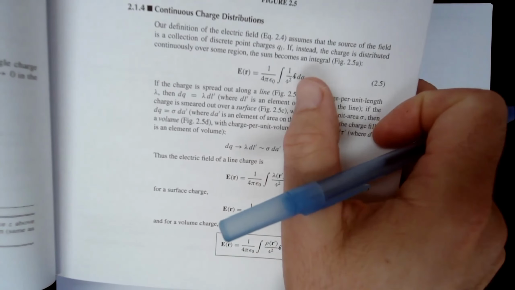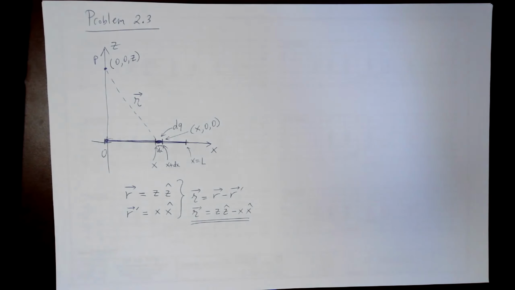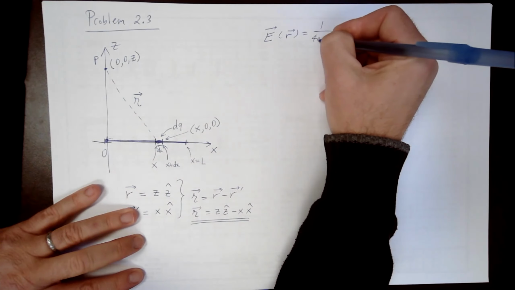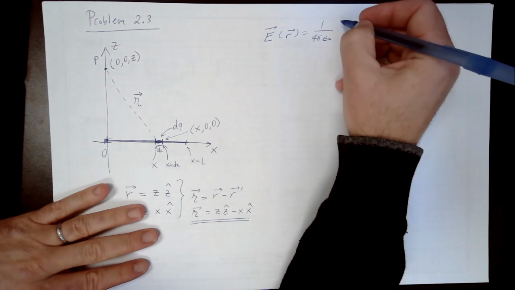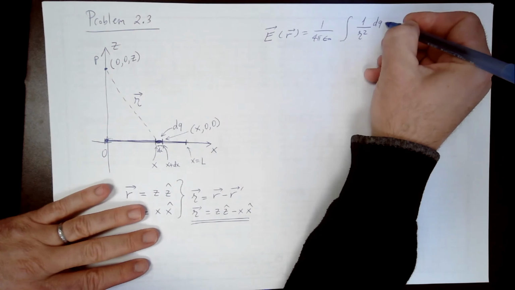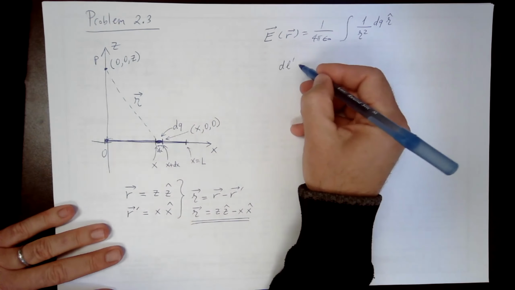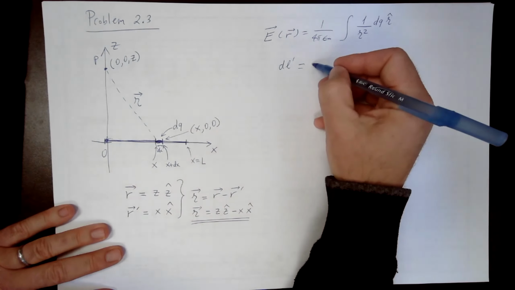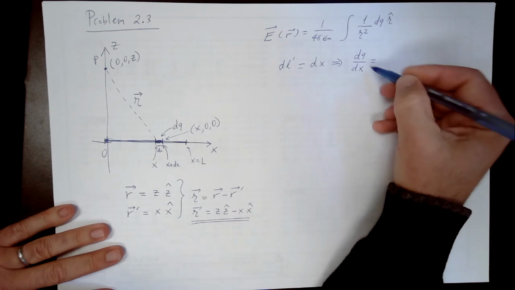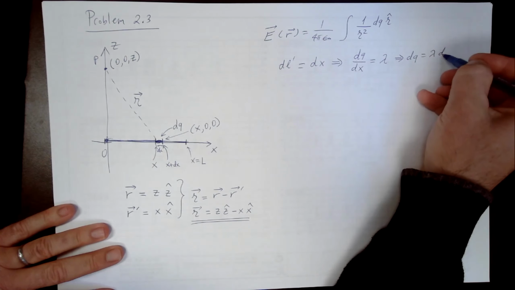I need to integrate along this line segment from x equals 0 to x equals L. So dq over dx defines my linear charge density lambda, and instead of dq, I can substitute lambda dx.